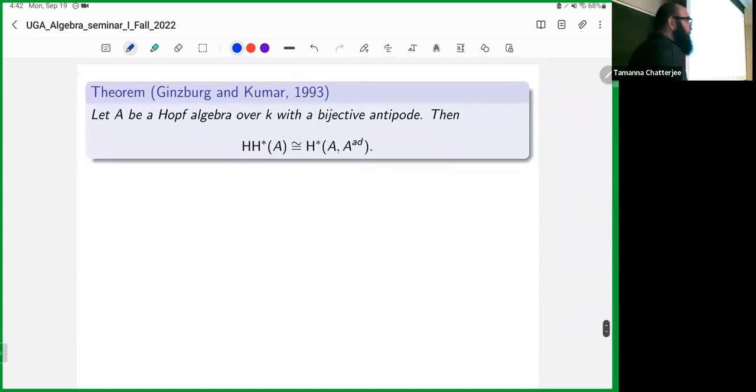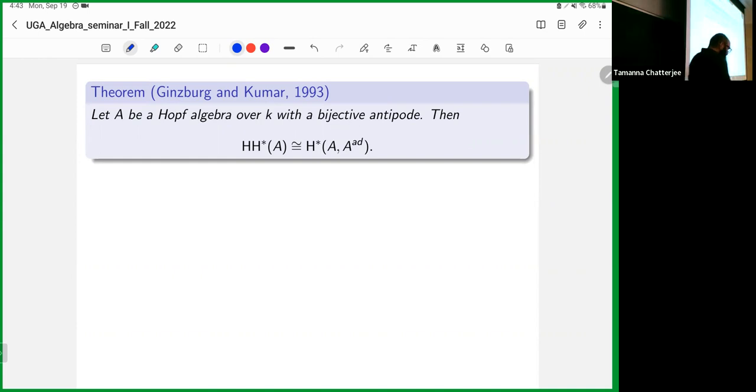Okay, next is a result given by Cibils and Rosso in 1997 (Hopf algebra). If A is a Hopf algebra and the antipode is bijective, then the Hochschild cohomology of A is isomorphic to the formula.